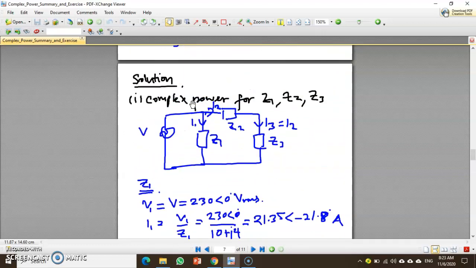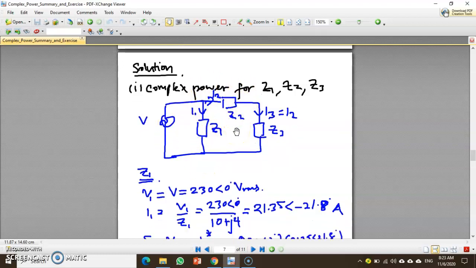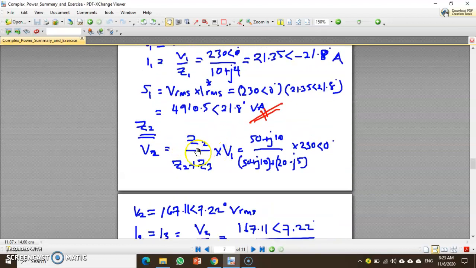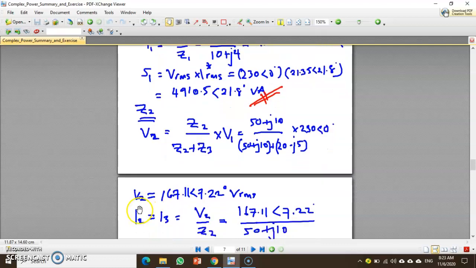Since the voltage across Z2 and Z3 equals V1, VZ2 equals Z2 divided by Z2 plus Z3, times V1. So you can get V2.